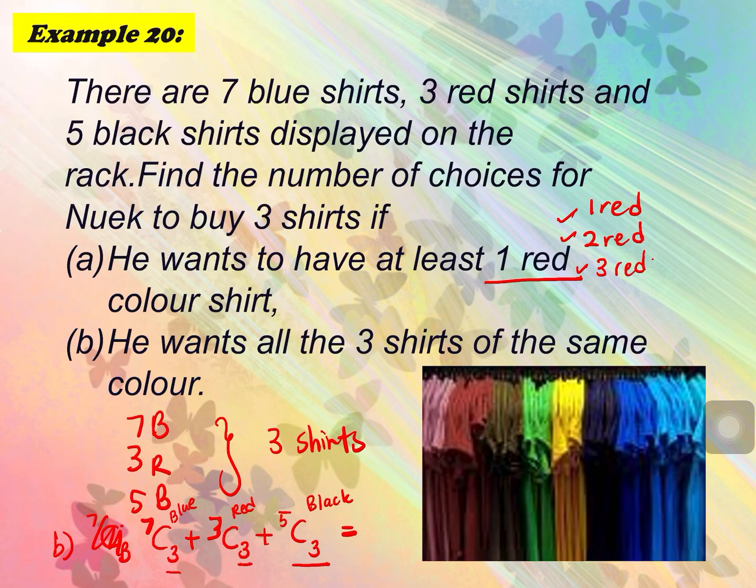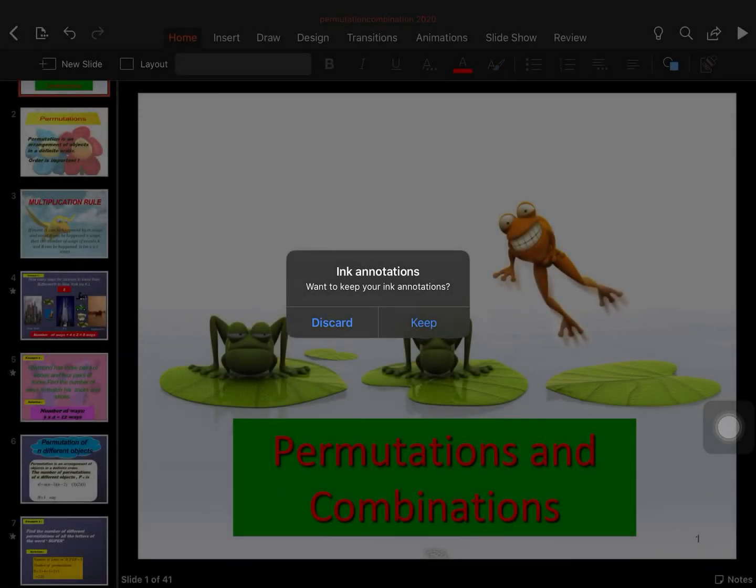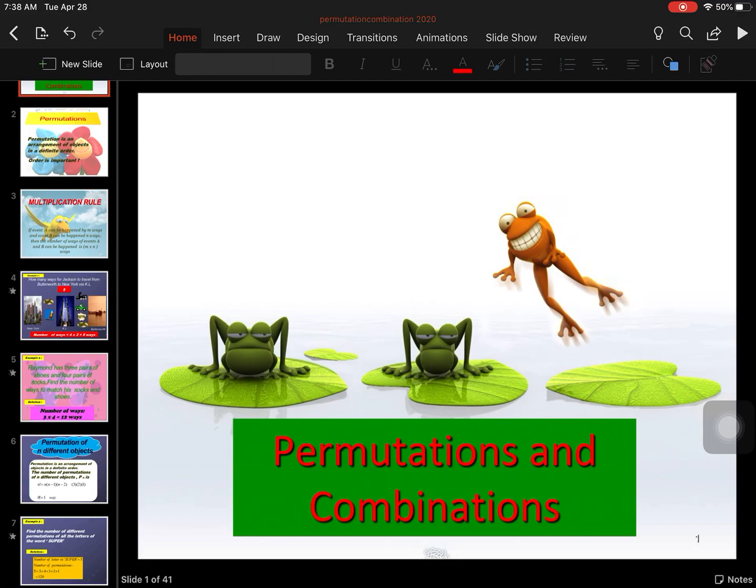So they wanted all of the t-shirts that he chose to be the same color. Take your calculator. So you should get 46 ways. Okay, so that's all.